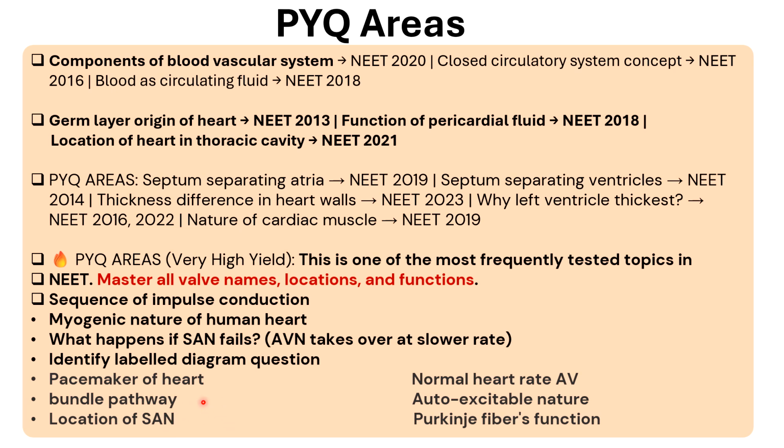You just have to remember that. What is the function of the Purkinje fibers? Rhythmic contraction of the ventricles. So these are all the PYQ areas. We discussed all of them. I hope you are now clear with the areas you need to focus on for this chapter.